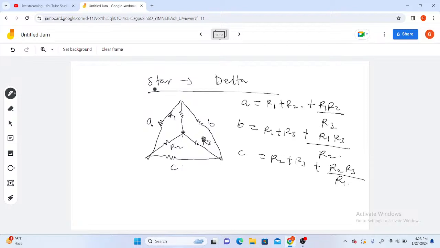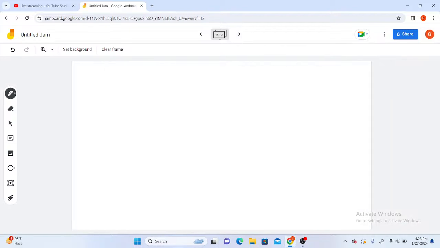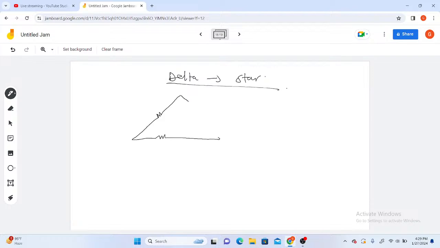Now let's see the other way around. The other way around is going to be delta to star. And for this, I'm going to draw my delta here like this. So I have my R1, R2, then R3.